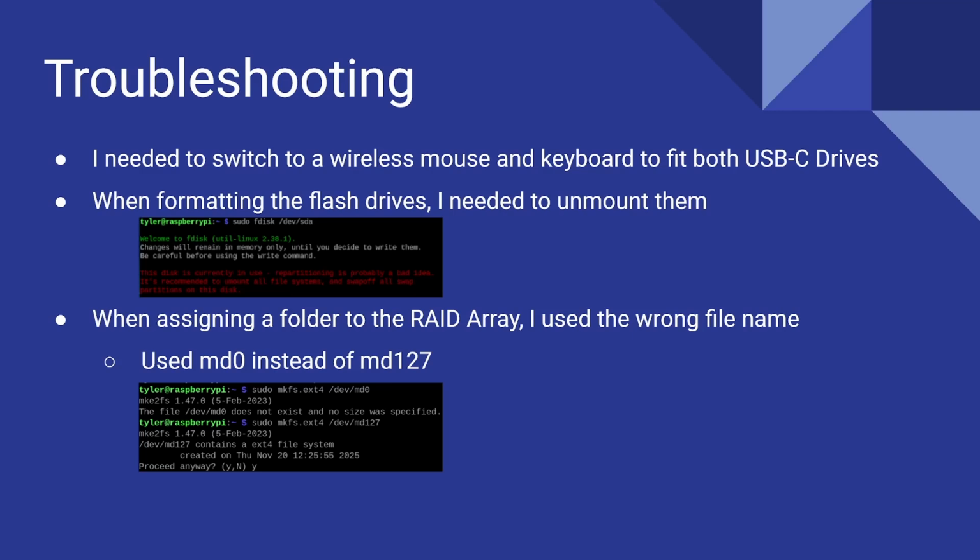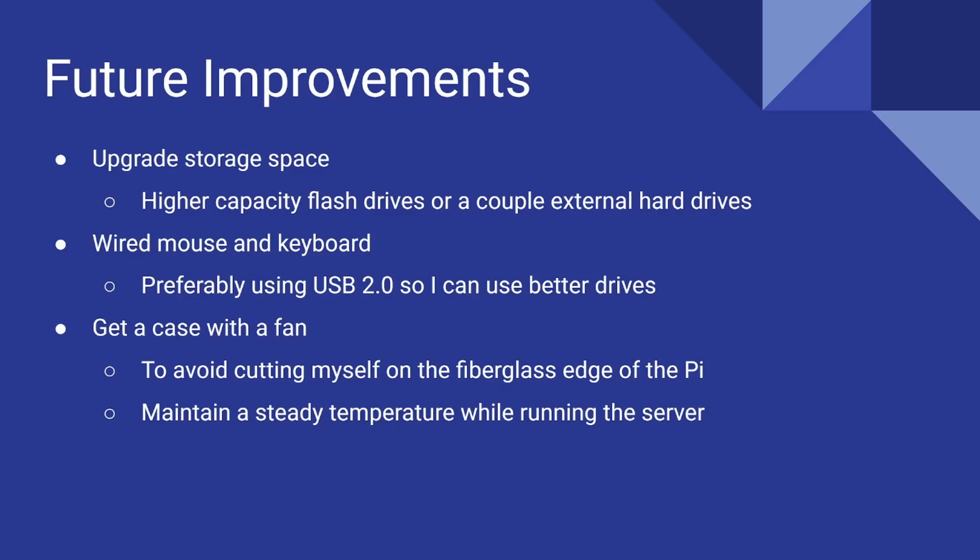Then, when formatting my flash drives, I needed to unmount them because the disk was using them. Then, when assigning a folder to my RAID array, I used the wrong file name. Wasn't super hard to fix. Instead of using the name MD0, I used MD127.